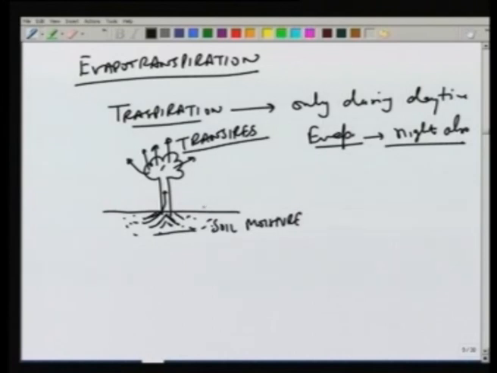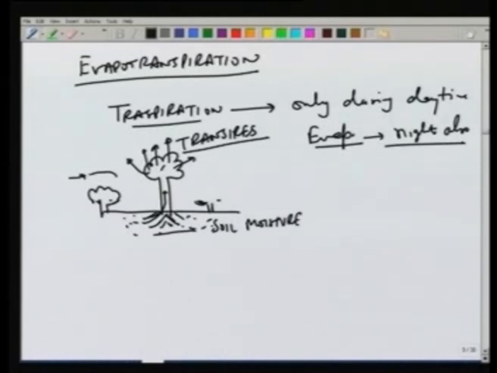Naturally, the amount of vegetation present, if there are more trees or less trees, will affect the transpiration. So, transpiration has the factors which affect evaporation. For example, the wind velocity will carry saturated air from above this tree.